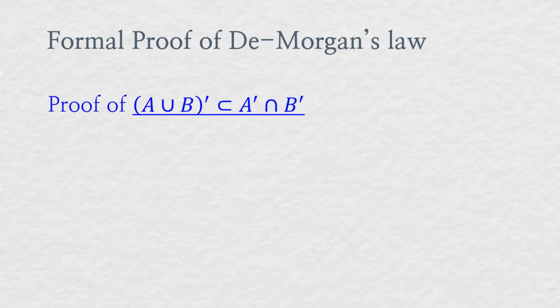First, we are going to prove that the complement of A union B is a subset of the intersection of the complement of A and the complement of B. The proof goes as follows.